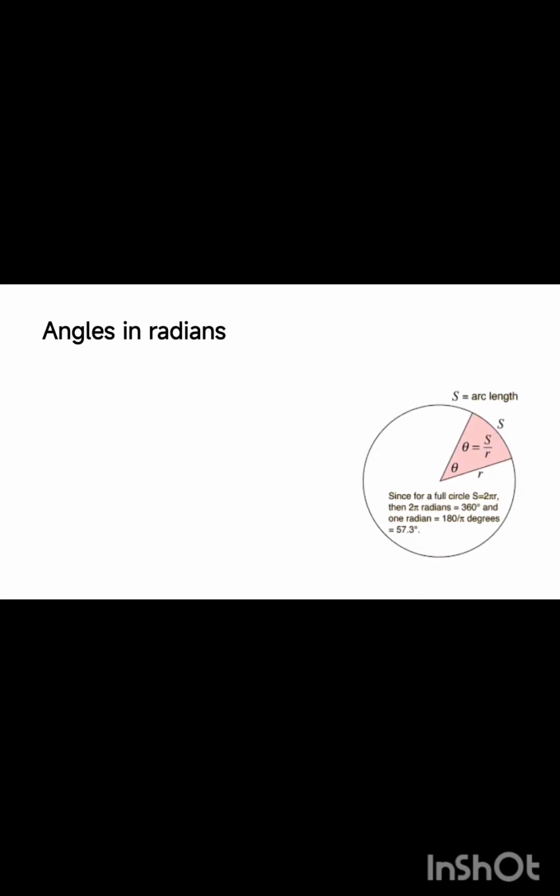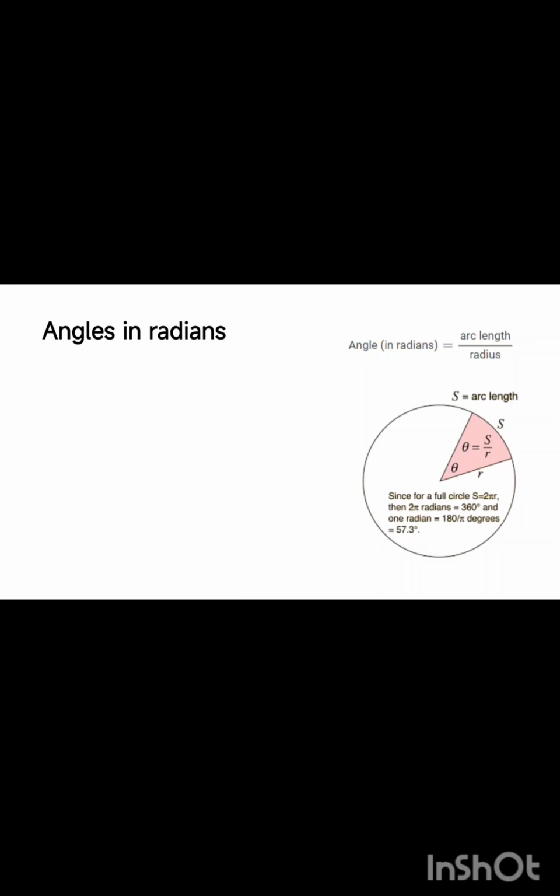So, angles in radian. As we know, the angle is usually measured in degrees. But if we want to measure the angle in radian, we can use the formula that angle in radian equals arc length divided by the radius of the circle.